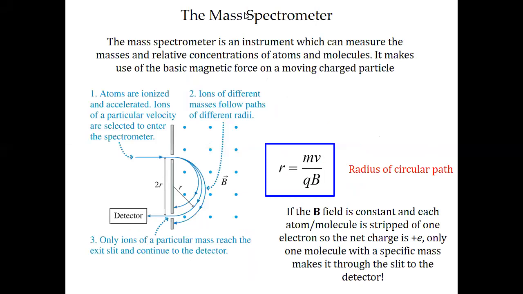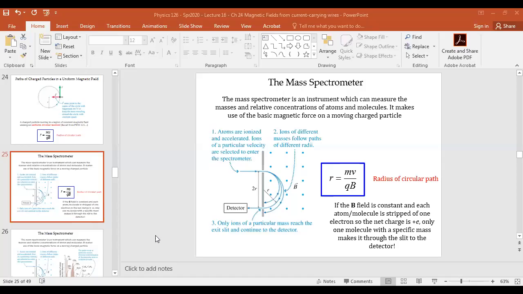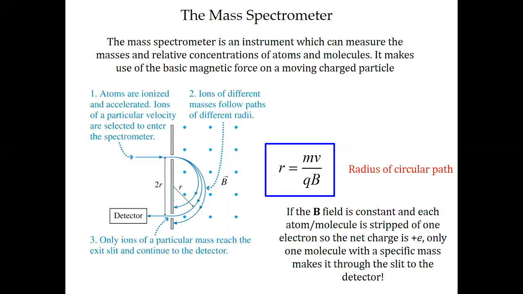So another interesting application of this is that we can use this to figure out what kind of ion or atom we're using.